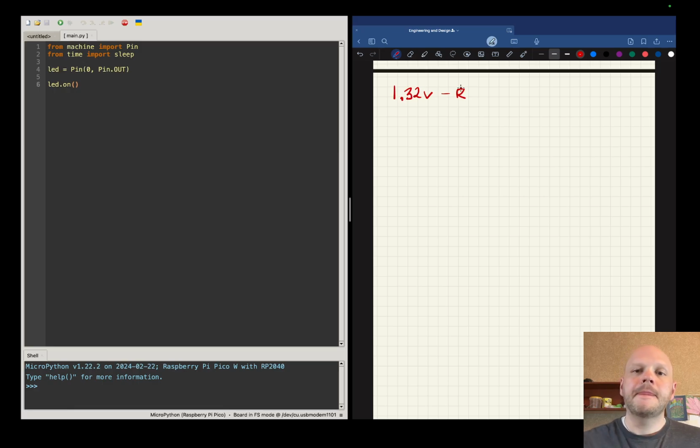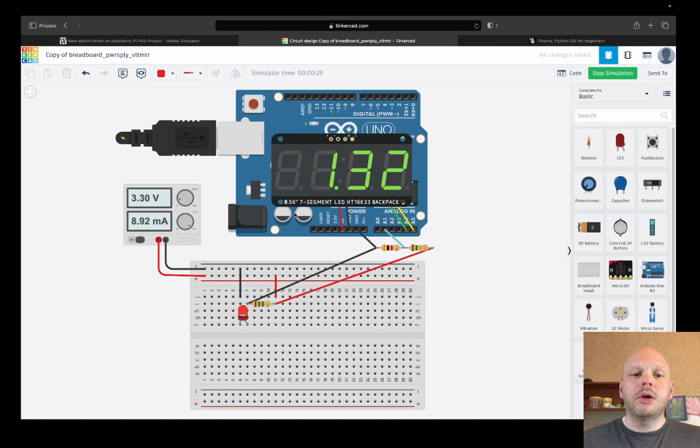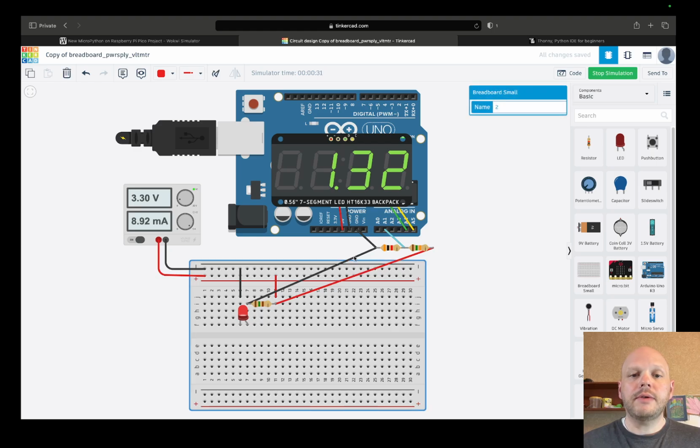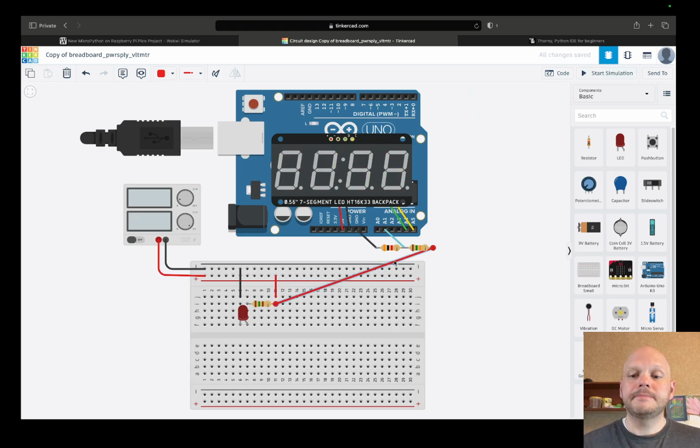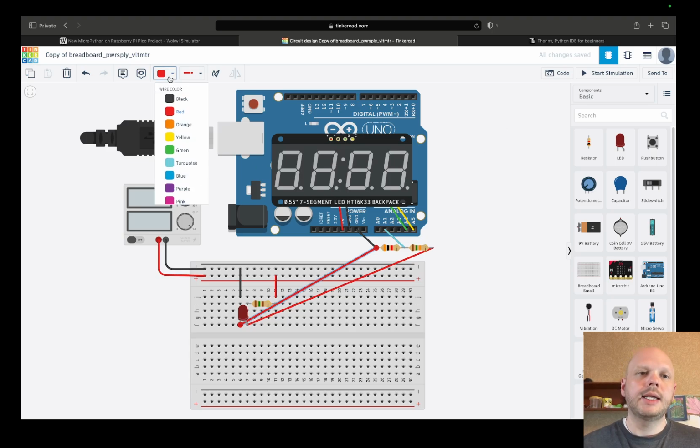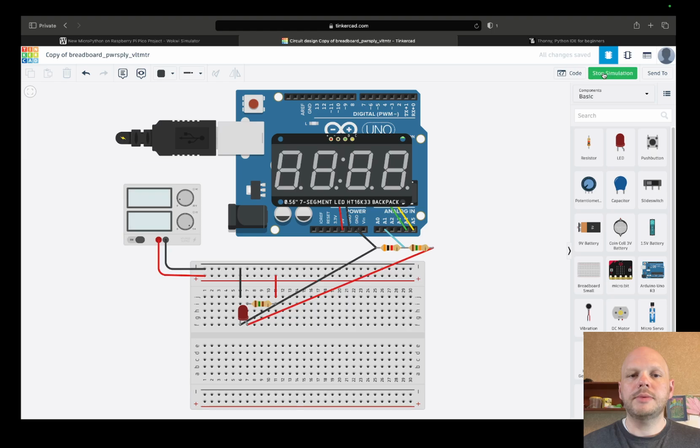Okay? Now, let's check to see what our voltage drop is across our LED. So we'll connect it straight to the cathode and straight to the anode. Cathode, remember, is our negative. And let's run our simulation.